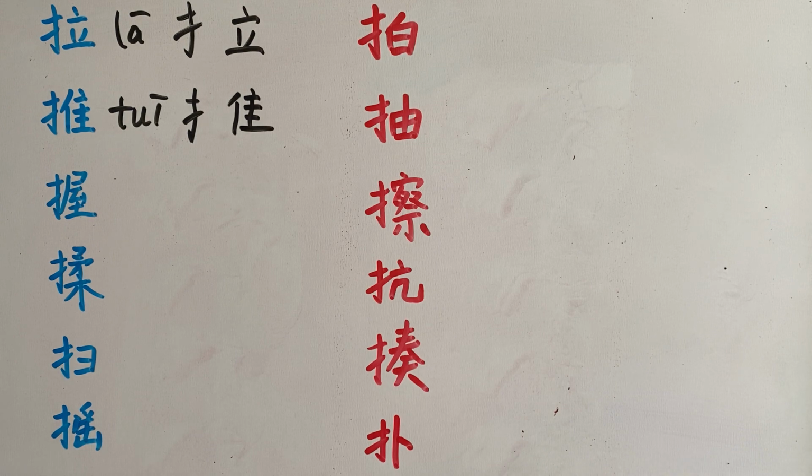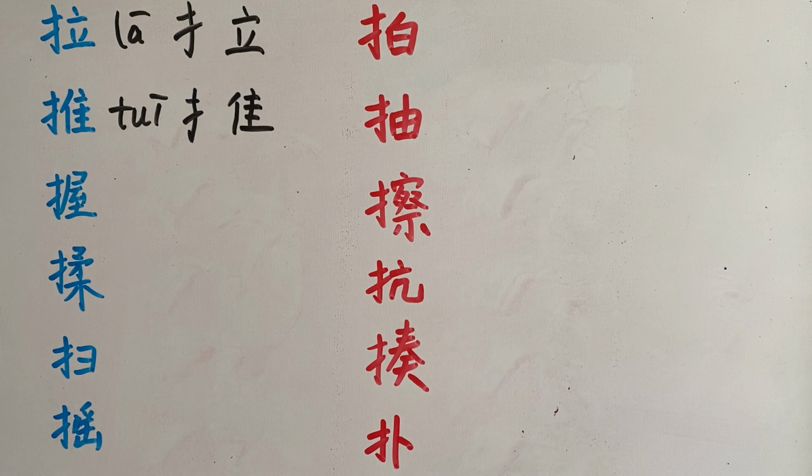So 推拉 is a verb phrase. 推拉 it means a door. If you want to enter a door, this door is called 推拉门, door is 门. 推拉门, it means if you want to enter the room, you have to use the door, push or pull. Both are okay, so this door is called 推拉门.